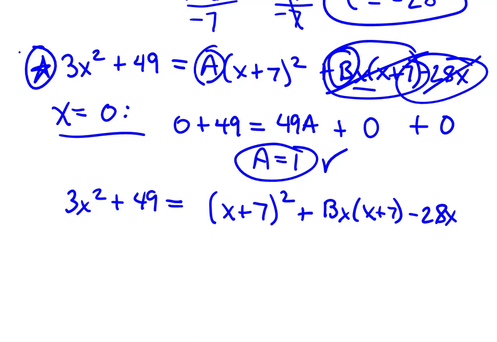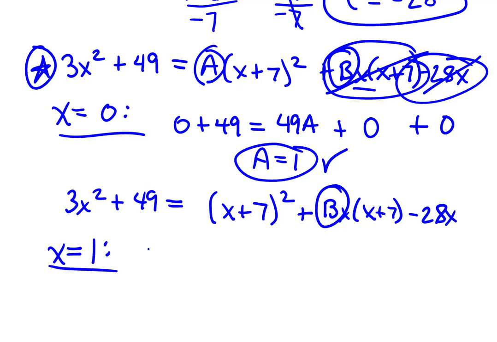Now notice there's only one variable left to find out of our original a, b, and c. So we want to target the b value. And since it's the only one left, we could actually pick anything we want for x to plug in. We'll just pick something simple like 1. You saw us doing that previously.